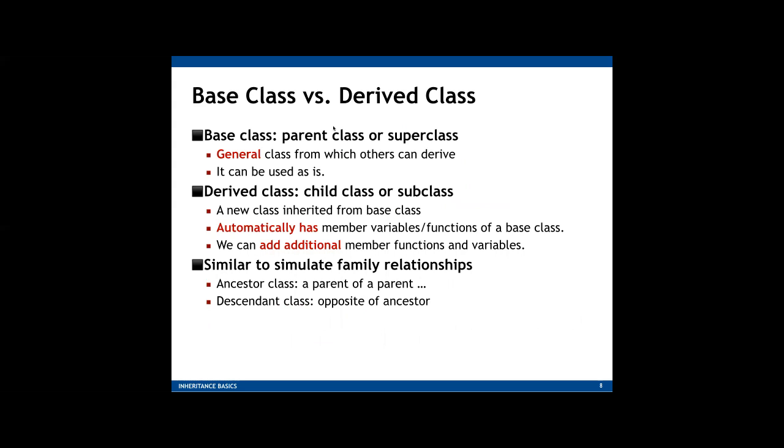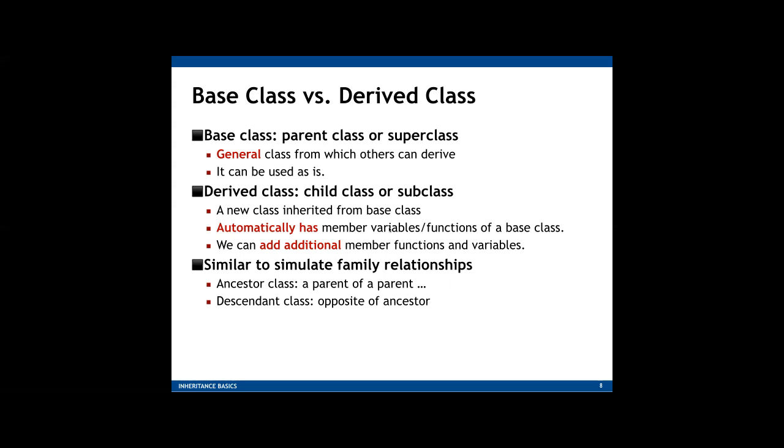The base class is also known as a parent class or superclass. And the derived class is known as a child class or subclass. The derived class automatically has all the member variables and member functions that the base class has. This process is usually expressed by saying that the derived class inherits the member variables and member functions of the base class.